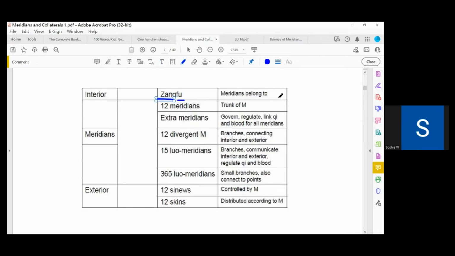For example, lung, kidney, urinary bladder, gallbladder. They are the organs, and the meridians belong to these organs. For example, if we talk about the lung meridian, which organ does this meridian belong to? Which organ does this meridian belong to?